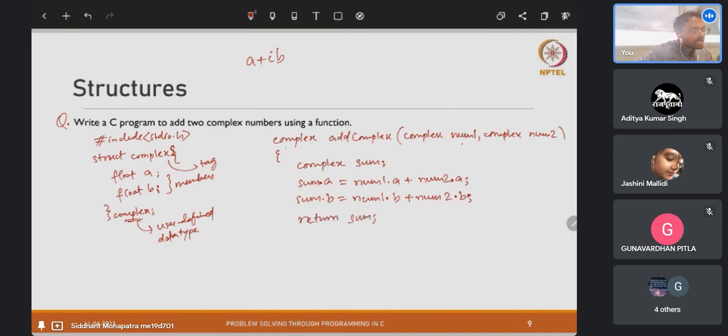So I have used only the word complex. Because I have defined it as a new data type, I just need to write complex here instead of writing struct complex. Let me write this a little bit differently, so I'll just write comp. So this is a new user defined data type. Here I just need to write comp, here as well.